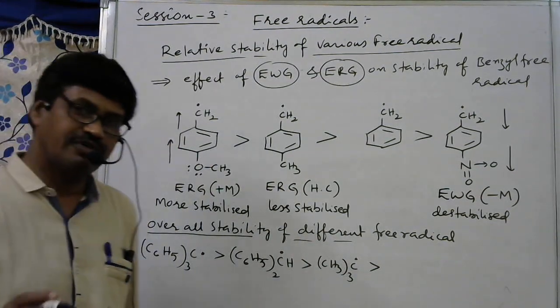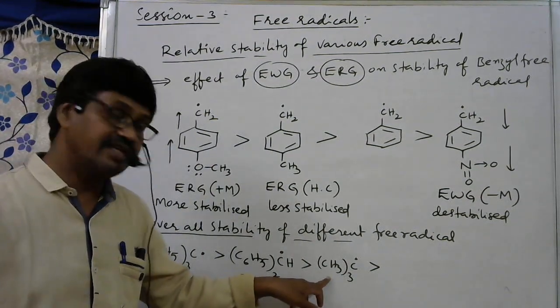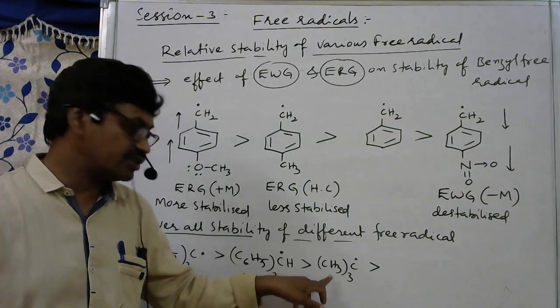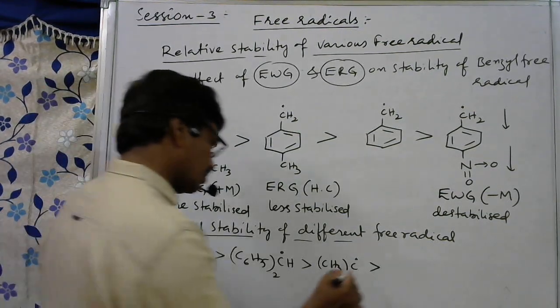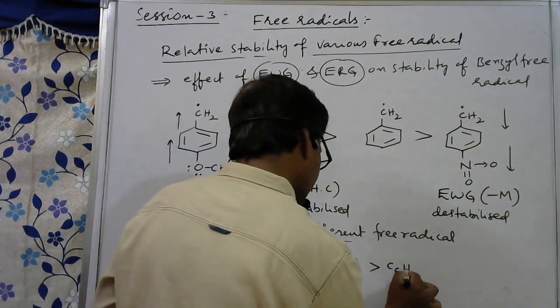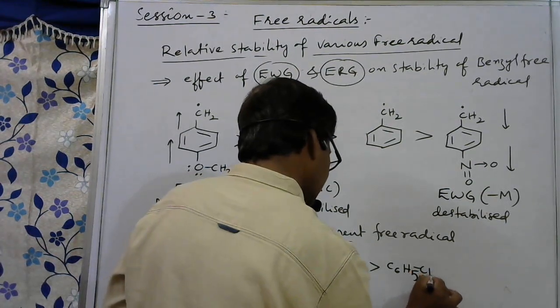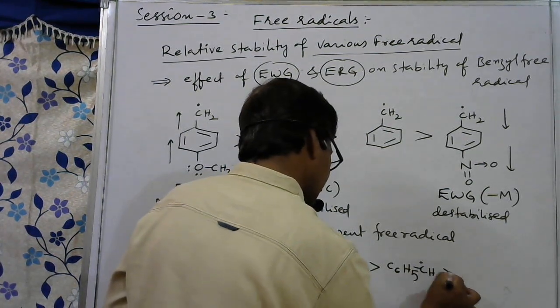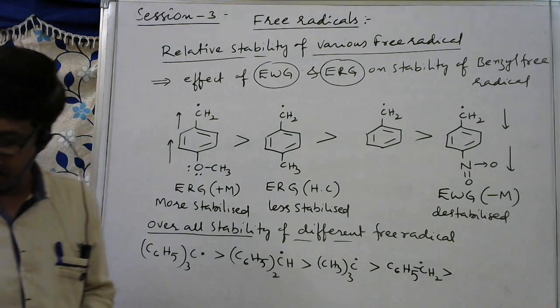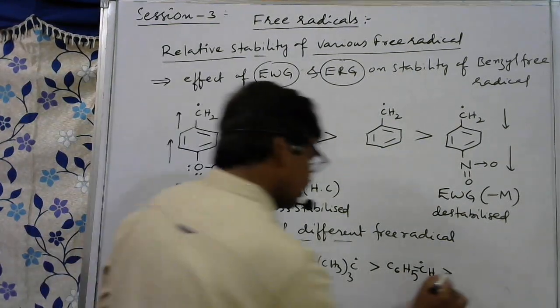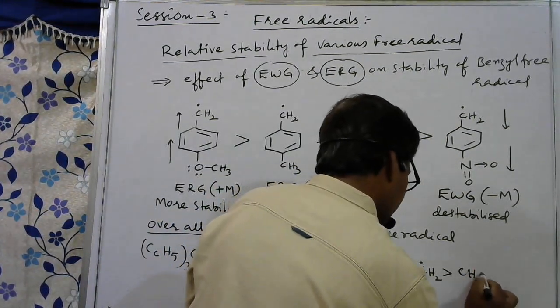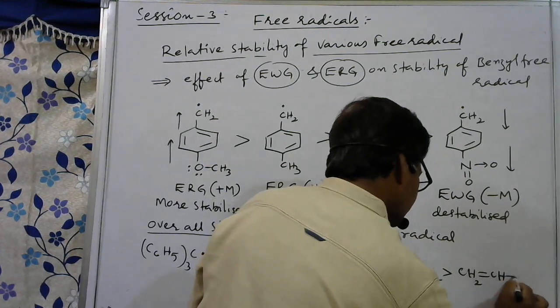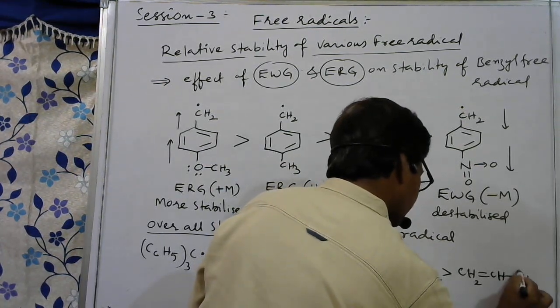Here for benzyl only 5 resonance structures, but here 9 no bond resonance structures, so it is more stable compared to benzyl. Benzyl, in other words C6H5CH2 dot, is more stable compared to allyl, CH2=CH-CH2 dot.